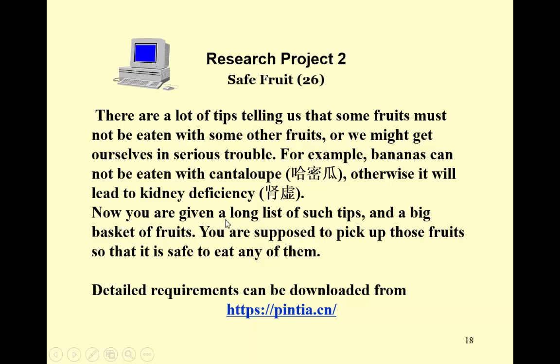You're given a long list of such tips, pairs of fruits that are not supposed to be eaten together, and a big basket of fruits. You're supposed to pick those fruits so that it's safe to eat any of them. It's a typical application of backtracking, and I hope you enjoy it.